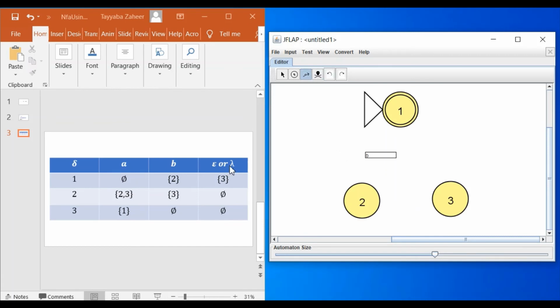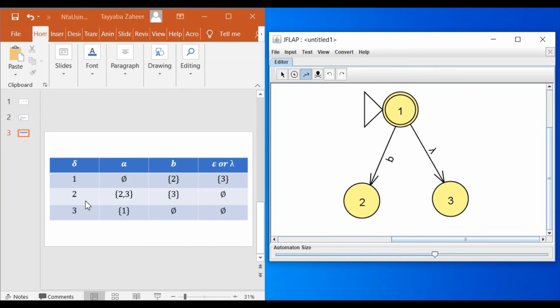And for epsilon or lambda, there should be a transition from state 1 to state 3. For lambda transition, just leave the label of the transition arrow blank. It would automatically be turned into lambda transition.